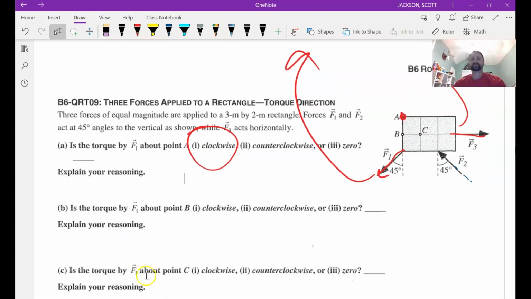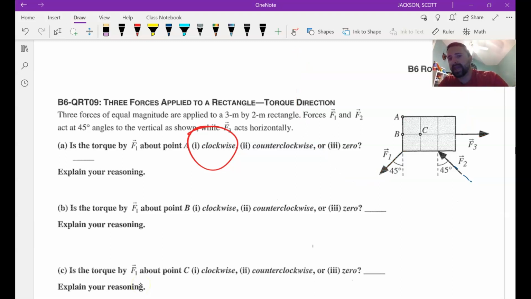About B, right? Let's try one more together. This is adding in multiple pieces now. About B, so this one, if I extended that force line, there's the lever arm of B. Aside, intersect that perpendicular, there's the lever arm of 2, smaller, and 3 goes right through.